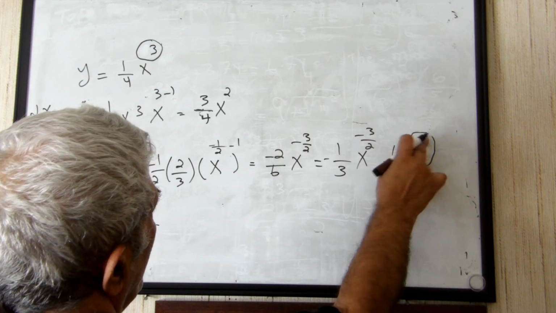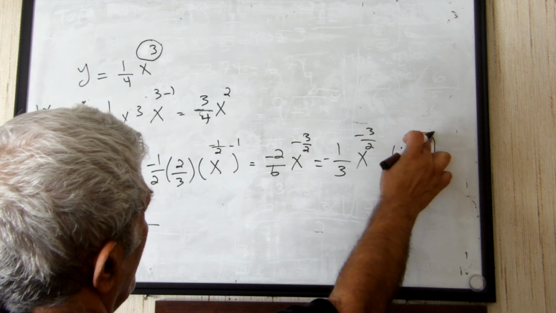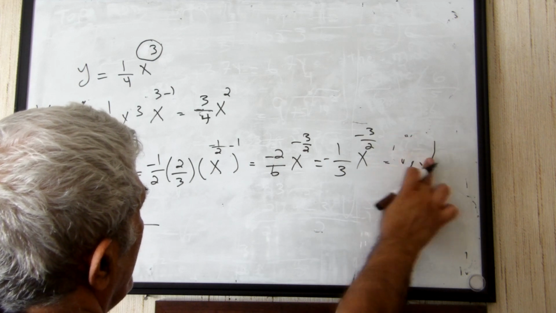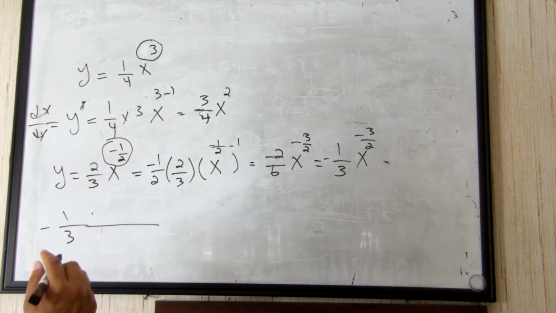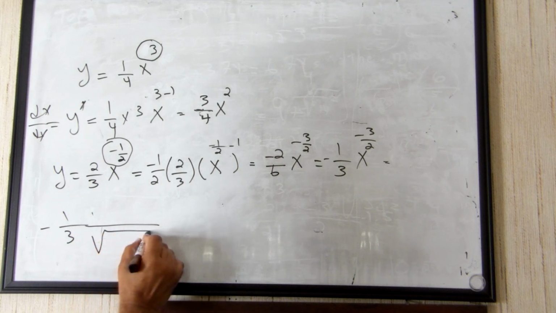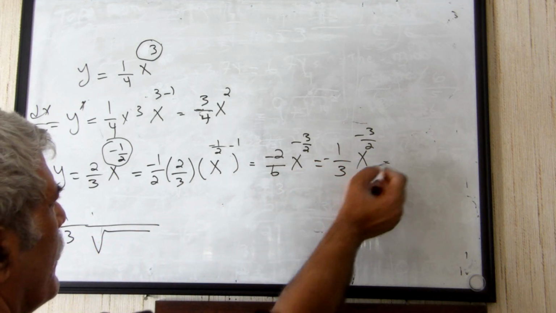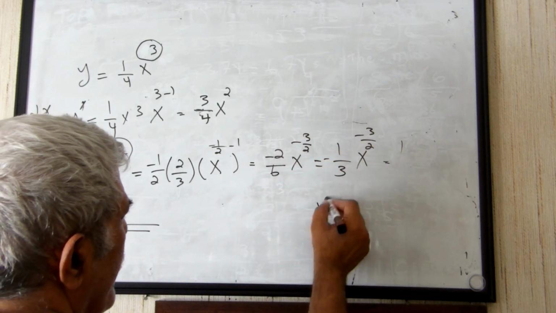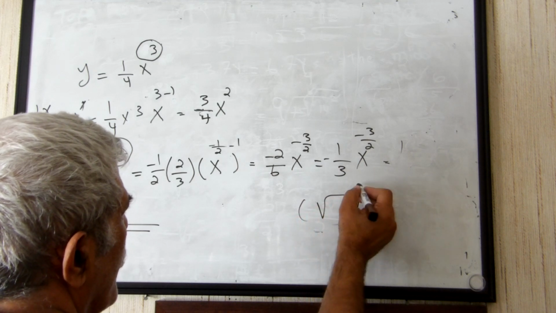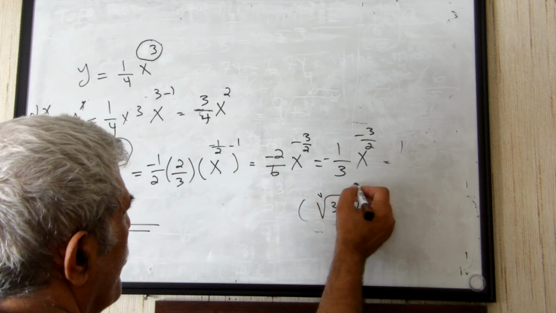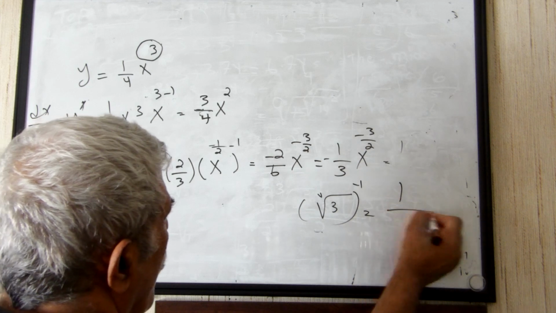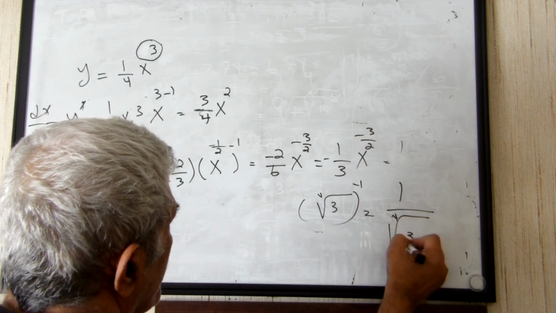If you have a radical here, 3, 4 minus 1 is going to be 1 over 4, 3.